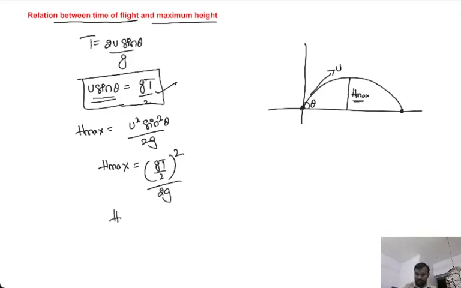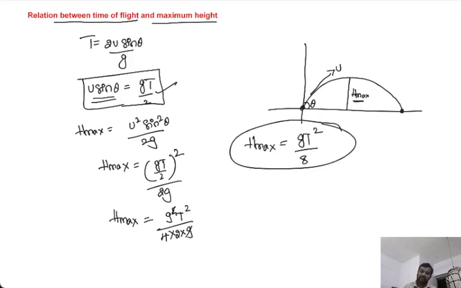Then h max is equal to g² t² divided by 4 into 2 into g. This g² and g will cancel. Then h max is equal to g t² divided by 4 into 2, which is 8. This is the relation between h max and the time of flight.